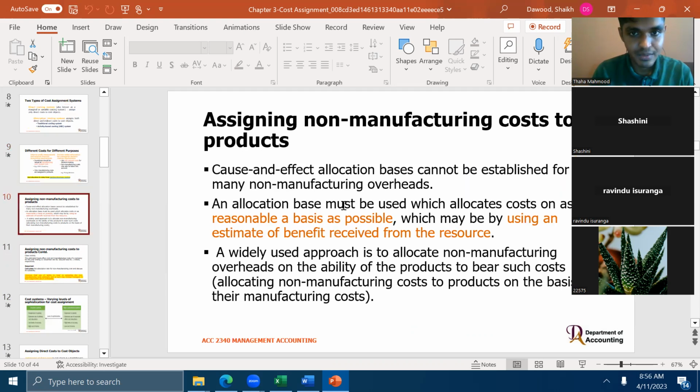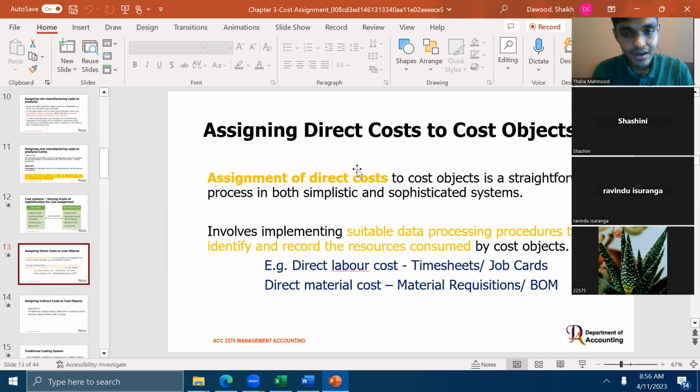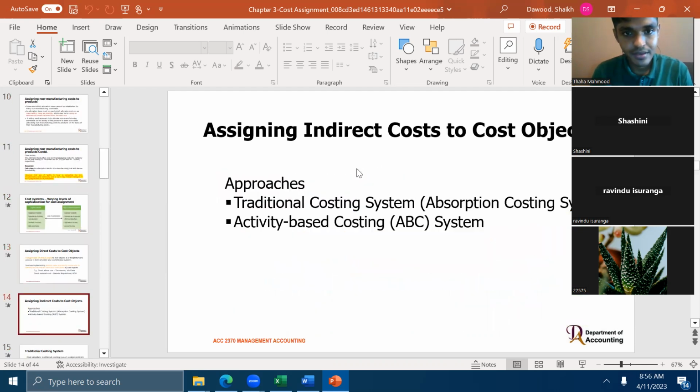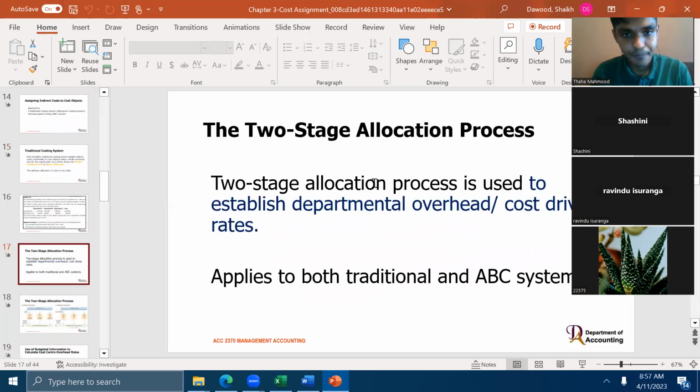Once pricing decisions are made, we allocate the profit and non manufacturing costs. Then we can add a margin, a markup, to this total cost when finding the price. This one also I talked about. This one also I did.